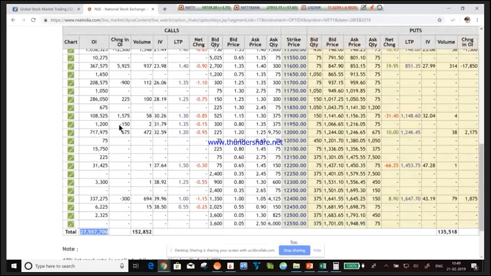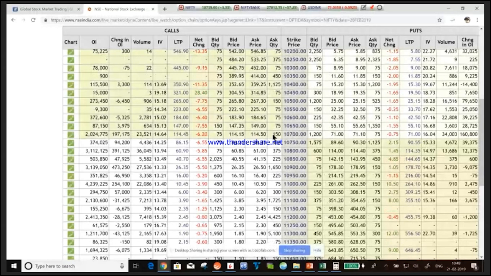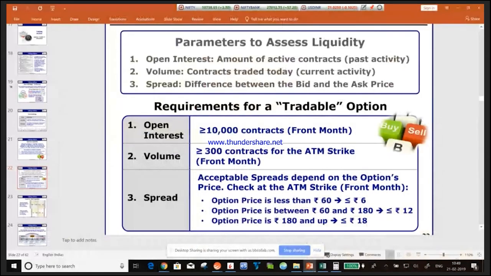All right. Now the 10,700 has 23,521. Our requirement is only 300 contracts. Total call OI plus total put OI, not total call OI minus total put OI.